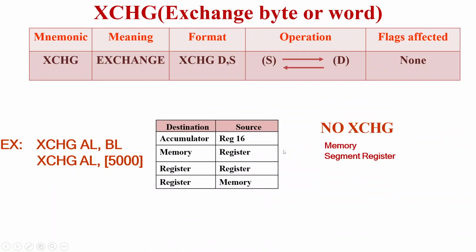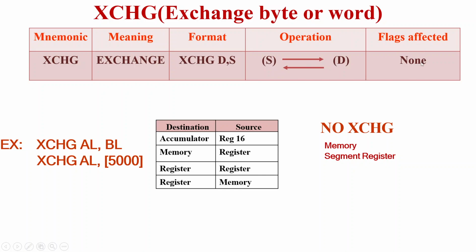The second instruction we are going to discuss is XCHG, exchange byte or word. The mnemonic is XCHG, the meaning is exchange, and the format is XCHG D comma S. The operation is that the content of the source and destination will be replaced with each other.